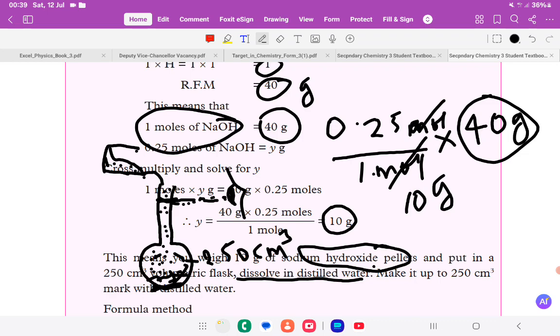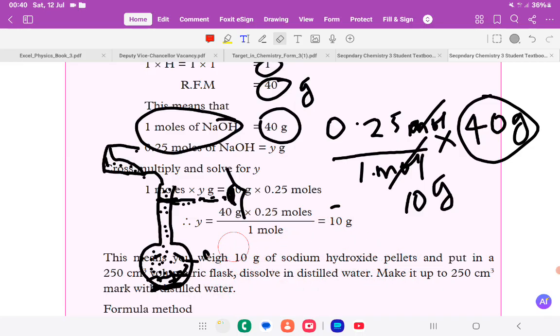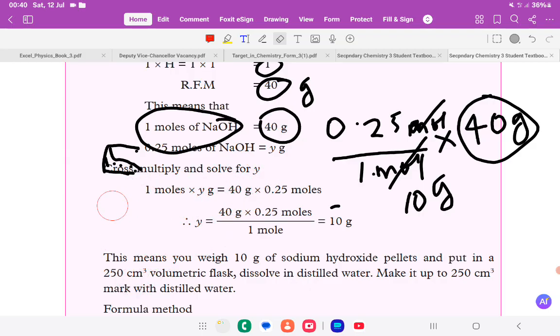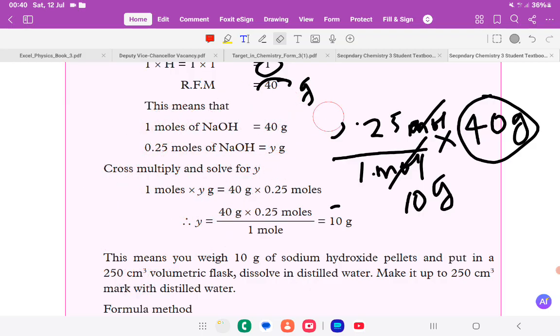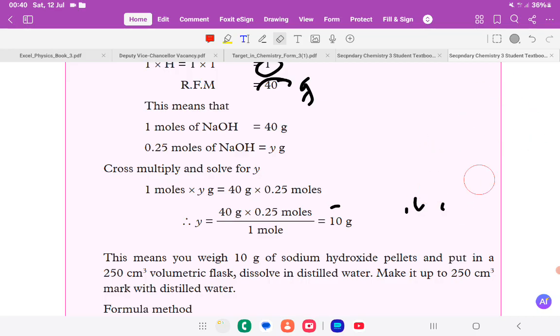Okay. So when you have made the solution up to that mark, then it means that you have made the desired solution, which is of 1 molar, but also of volume 250 cubic centimeters.